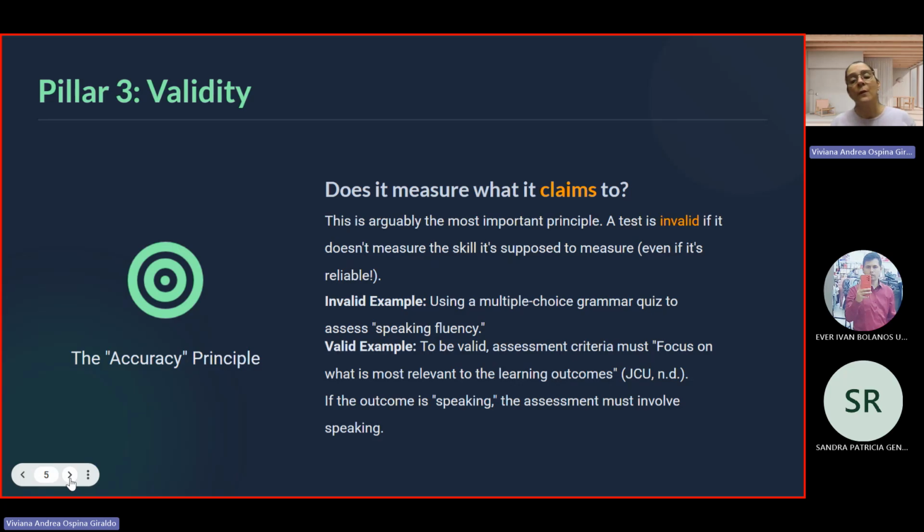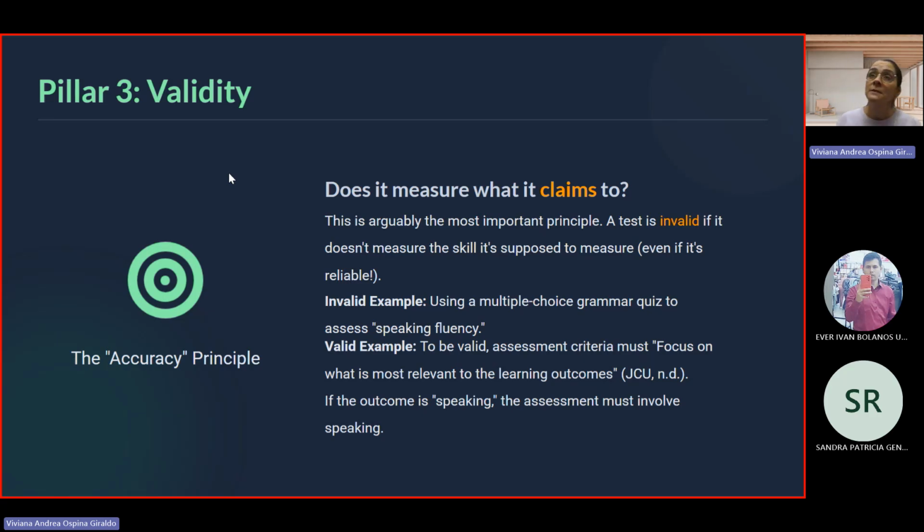The next pillar that we are going to encounter here is the validity pillar. This has to do with accuracy. Is it accurate? Does it measure what it means to measure?